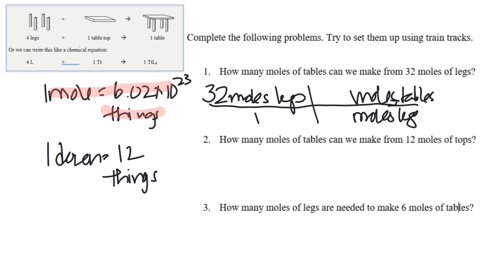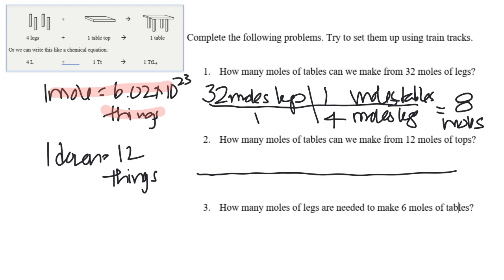Well, the relationship is still 4 legs to 1 table. Okay, so it's just 32 divided by 4. I will have 8 moles of tables.